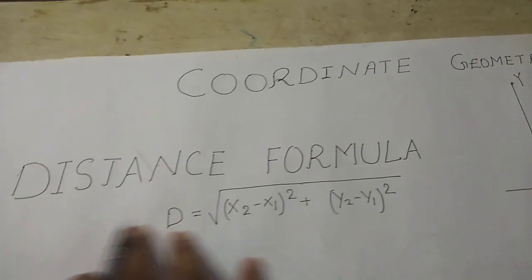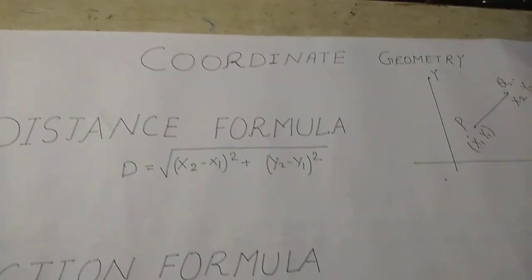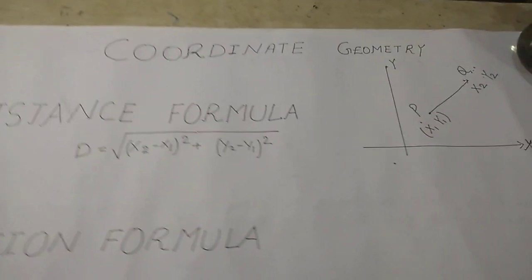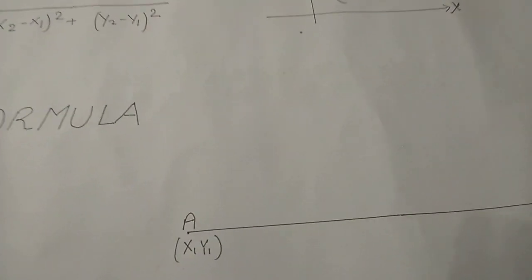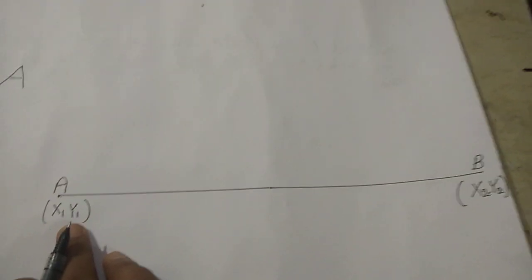Very quickly I am moving toward the section formula. When the points of a line are given, suppose AB is a line where the points are x1 y1 and x2 y2.